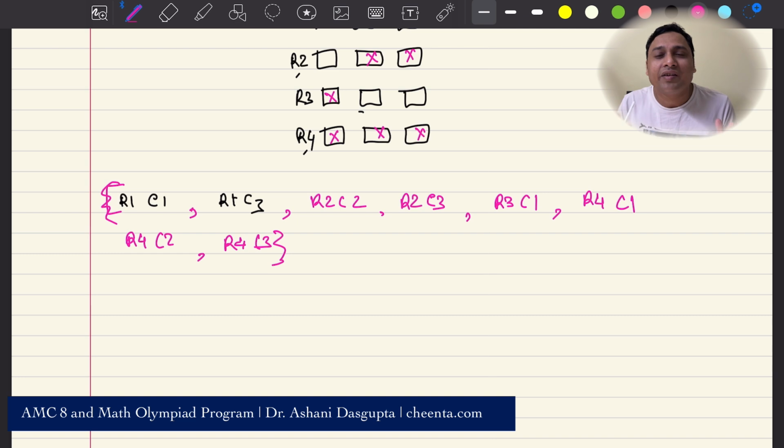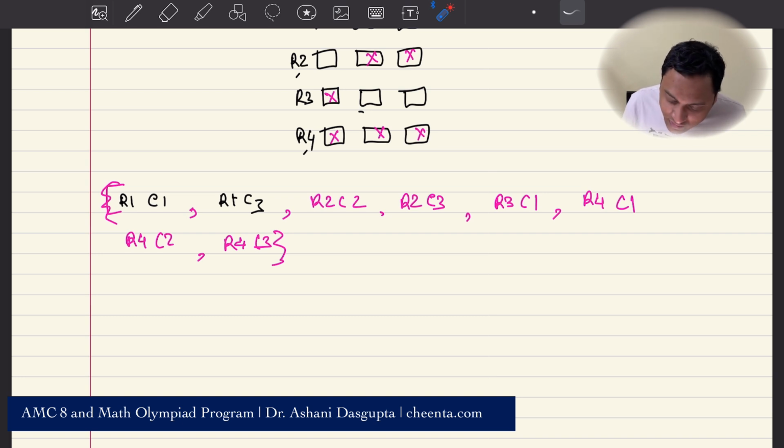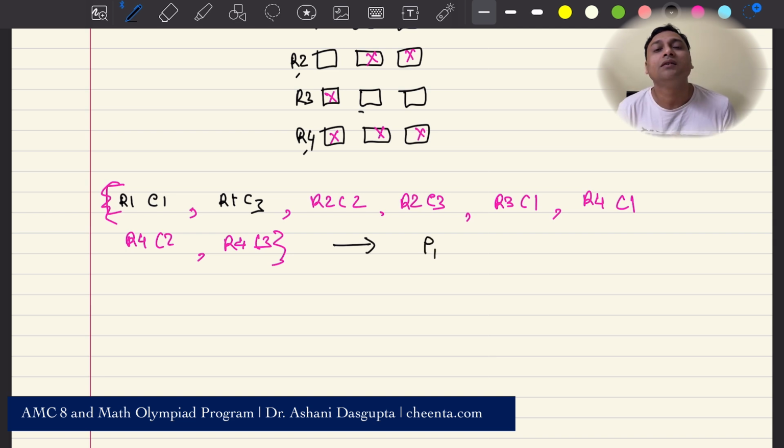Let's just think of it absolutely mathematically. This is one possibility, and I want to assign some number P1 to this particular possibility, some number between 0 and 1. 0 meaning it cannot happen at all, 1 meaning this is what will happen. So it's somewhere between 0 and 1.